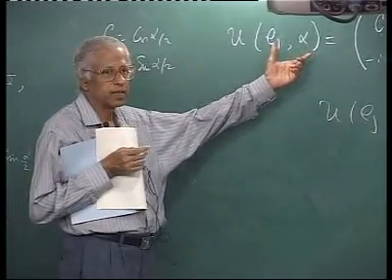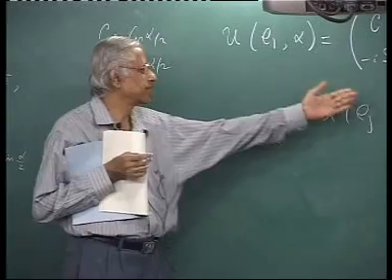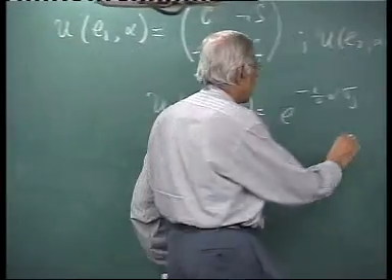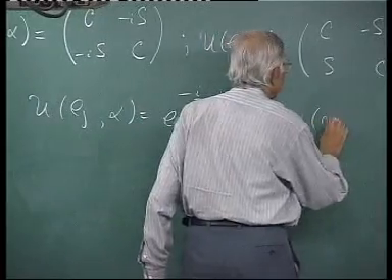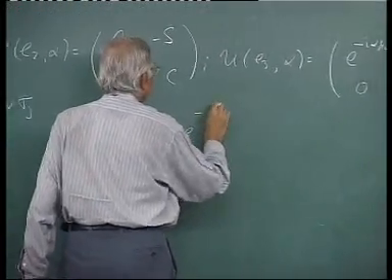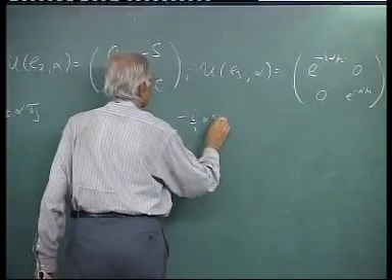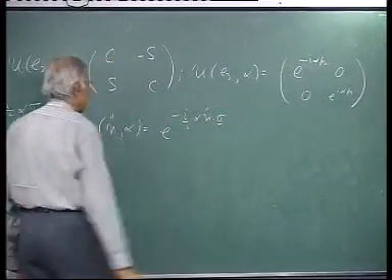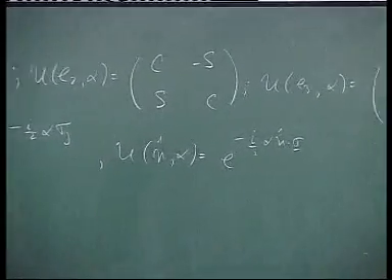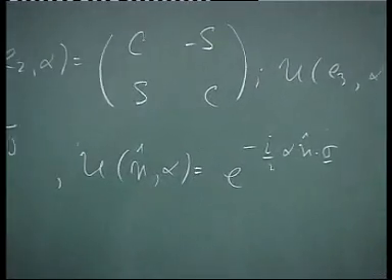What should happen? The angles should add, which is why it should come up in the exponential in this way. And you can immediately generalize this in the axis angle description. Every element of SU2 can be written in exponential form in that manner.